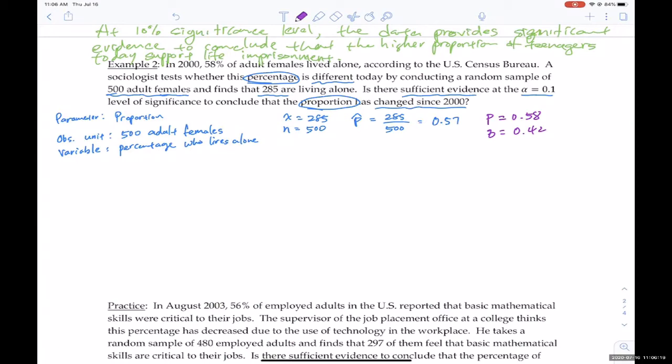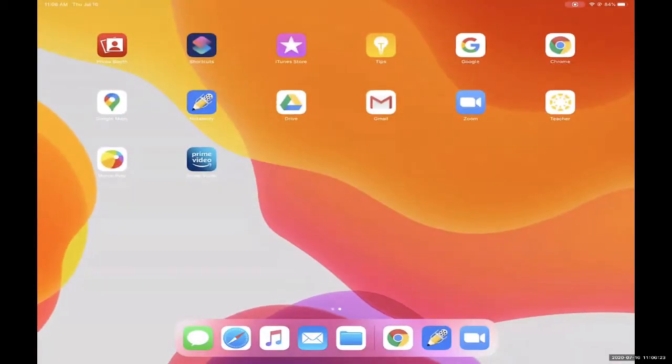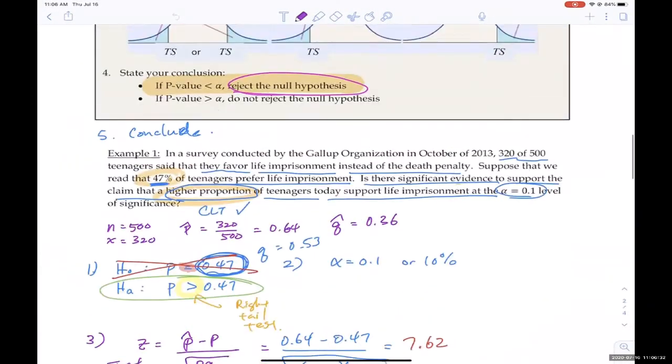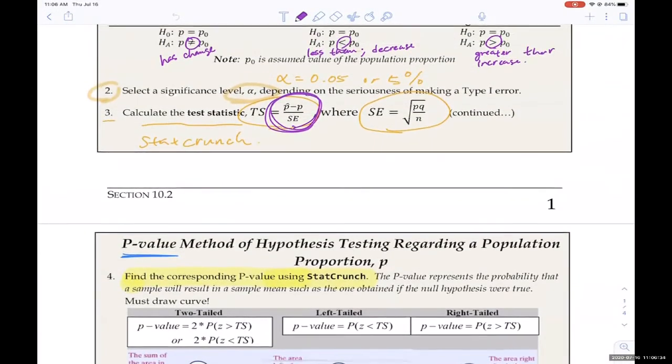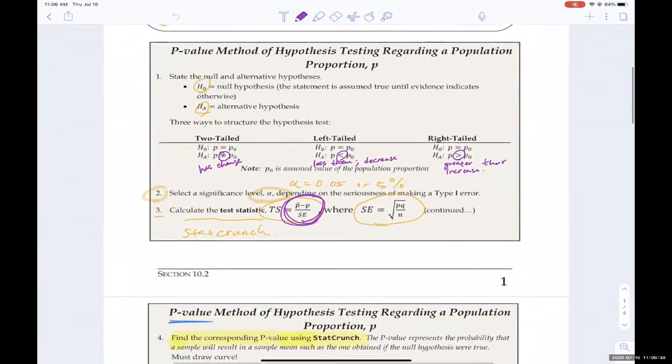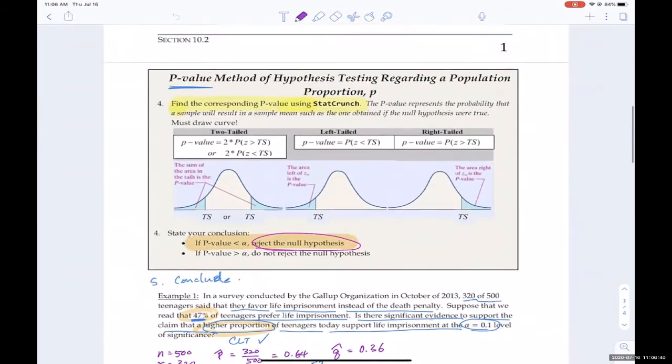Now, if you guys could have a side-by-side screen, I want you to open up when we're doing this. We're going to go through this 5-step process.